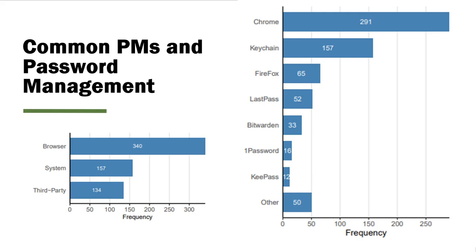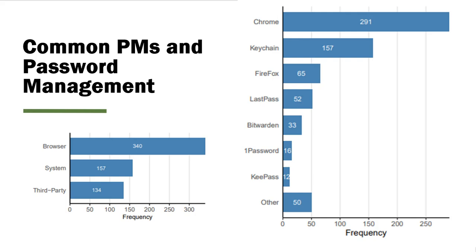They found that out of their pool, 340 were using a browser-based password manager, 157 were using a system password manager, and 134 were using a third party. And then they mapped this out. They also went down the line and said a lot of people use Chrome, Keychain, Firefox.